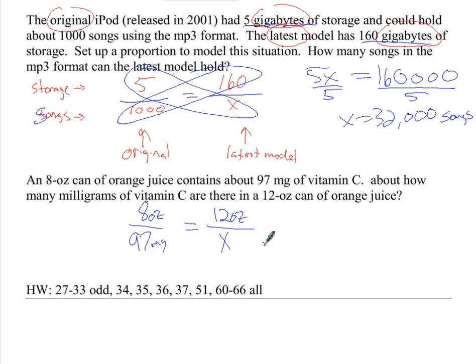Now what? So we get 8x equals 97 times 12, 1164. Divide both sides by 8, and we get x equals, what is it? 291? 291 over 2?